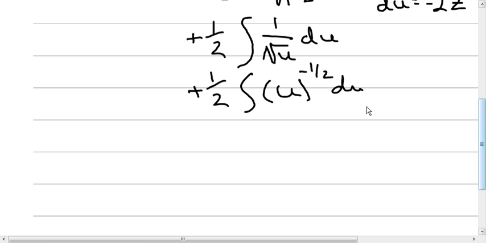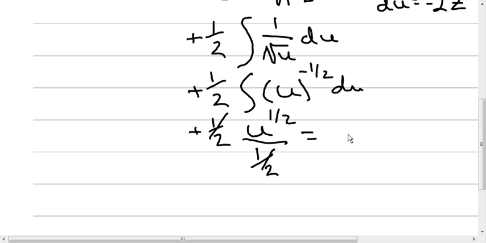Now I'm ready to apply my power rule, and I would get plus 1/2 u to the 1/2, because 1 added to a minus 1/2 is 1/2. Divided by 1/2 like this, and this cancels with this, so this is simply equal to u to the 1/2.